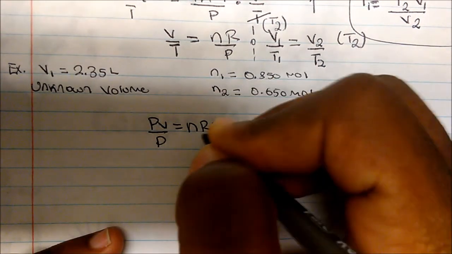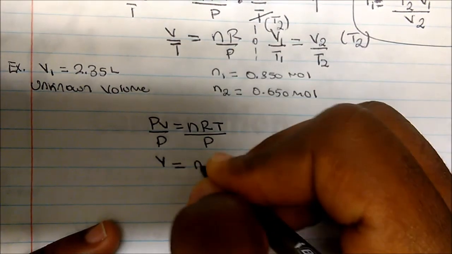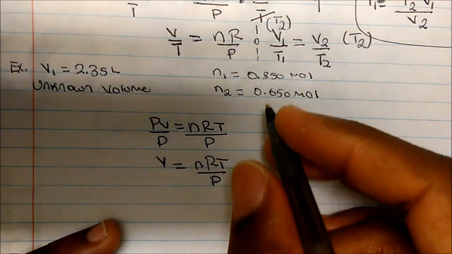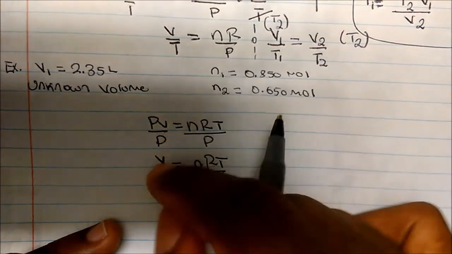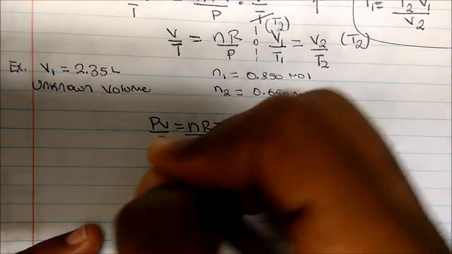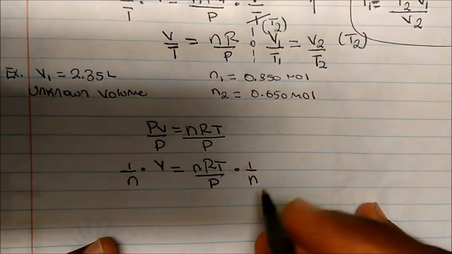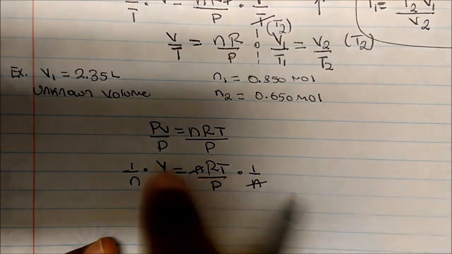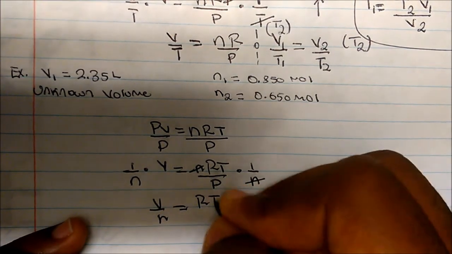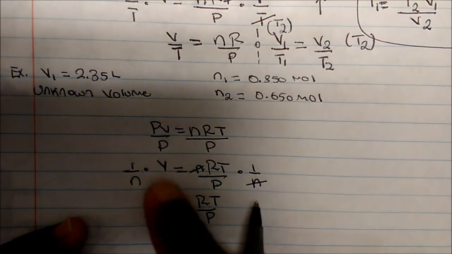Well, if I divide by pressure again on both sides, my volume is going to be equal to nRT over P. And since I'm looking to put n and volume on the same side, if I multiply by 1 over n on both sides, notice that they're being multiplied, so n and n will cancel out, and so I get V over n is equal to RT divided by P. Well, notice that volume and the number of moles are on the same side.